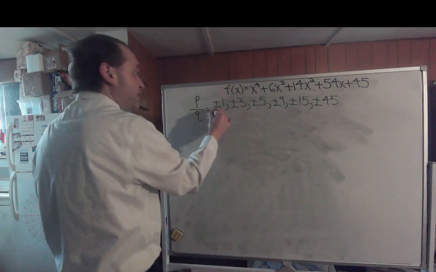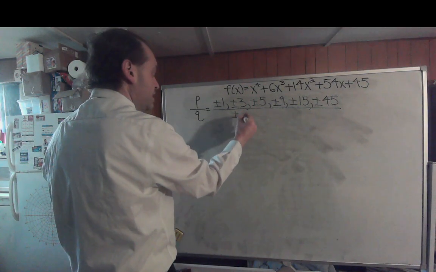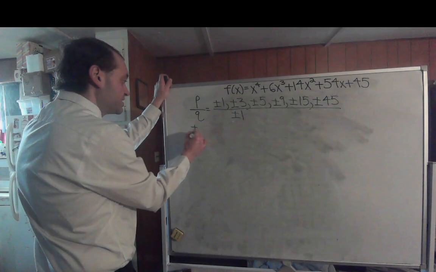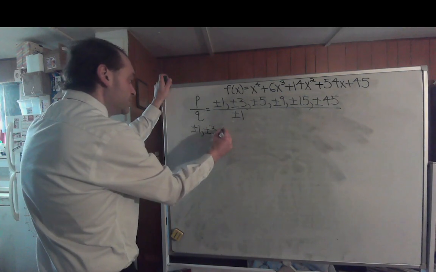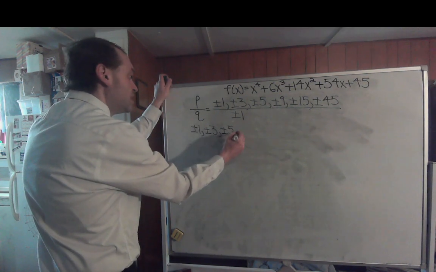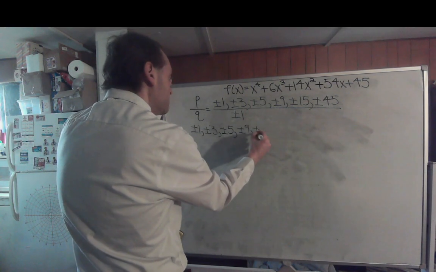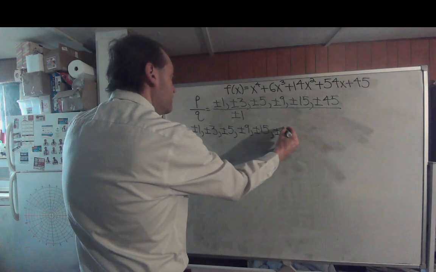All over the factors of your leading coefficient, which would just be 1, so plus and minus 1. So your possible rational zeros are plus and minus 1, plus and minus 3, plus and minus 5, plus and minus 9, plus and minus 15, and then plus and minus 45.